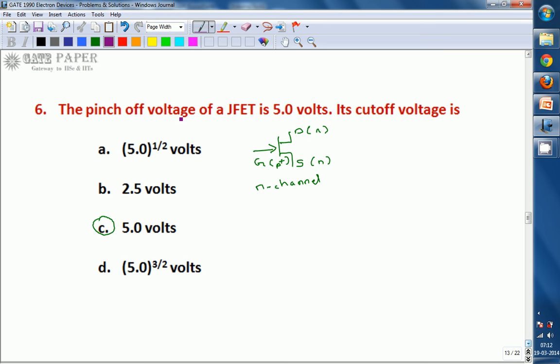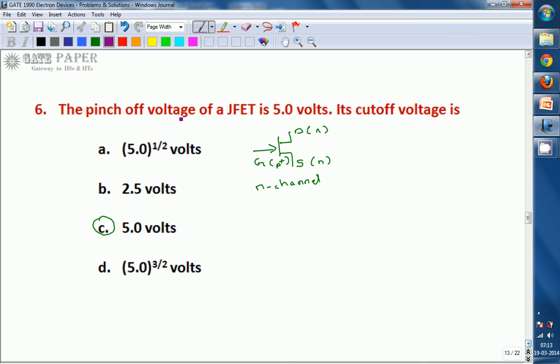Before concluding this, I am going to say one important point. Why does the FET always operate with the input junction reverse biased? Why is the gate source junction always reverse biased for a FET? If you observe, a good voltage amplifier should have high input impedance.